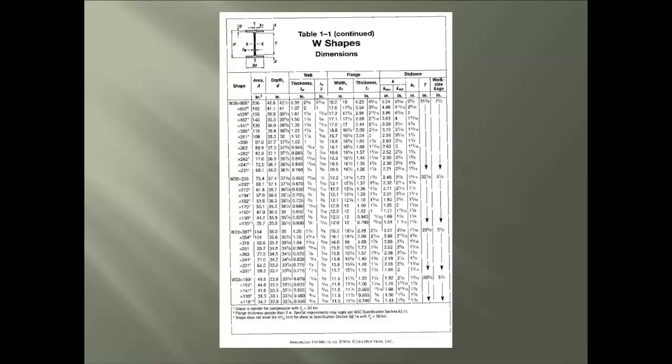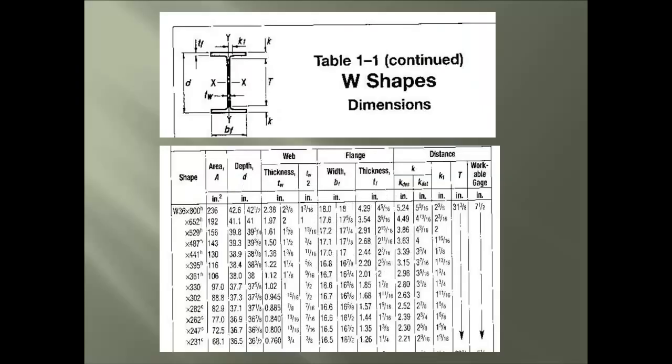We start with the table that covers the W-shaped members, and we'll focus on this part. First, you see the table callout, which encompasses the W-shaped members. Next, you will see how this image works hand in hand with these table columns.